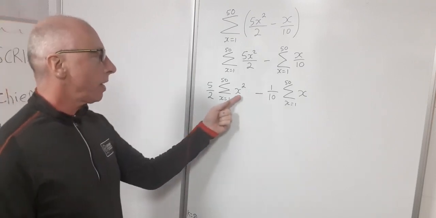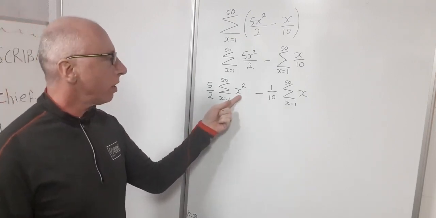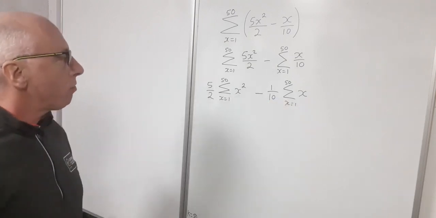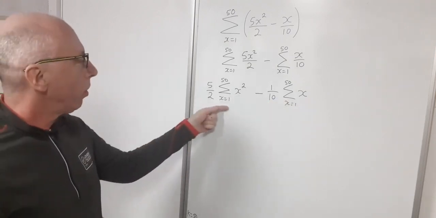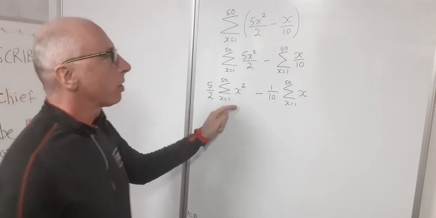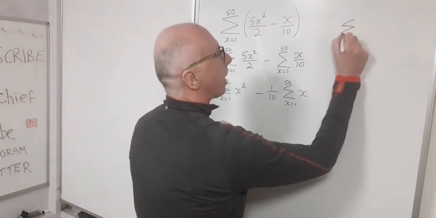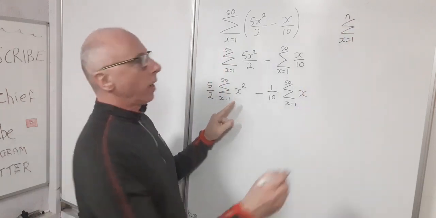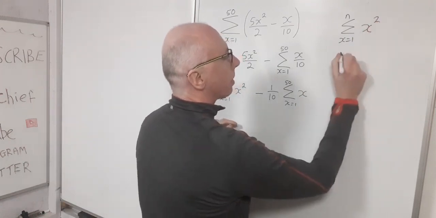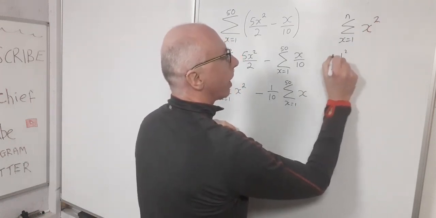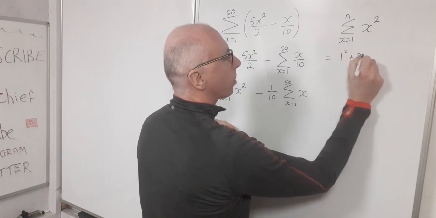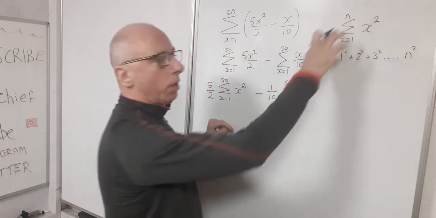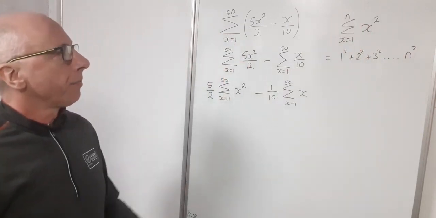Okay, so now what we're going to do is the sum of our x squared terms and the sum of our x terms. We've got rules that we can use for our summation of x squared terms. So if I write this as x equals 1 to n of x squared, that's equivalent to 1 squared plus 2 squared plus 3 squared all the way up to n squared, whatever our value is for n.